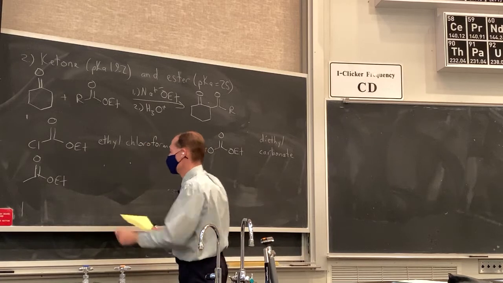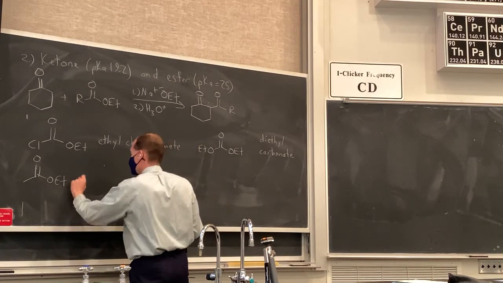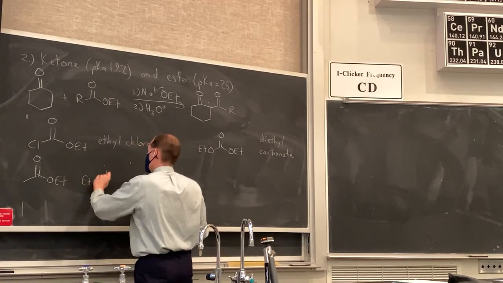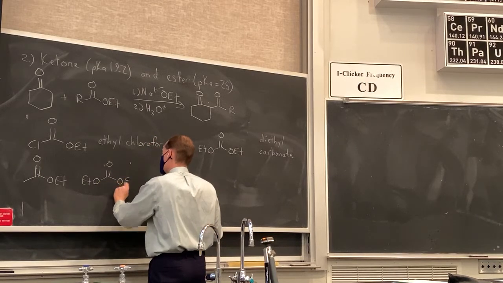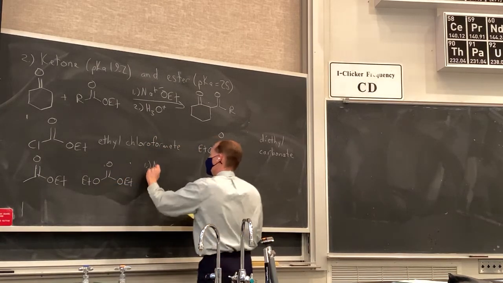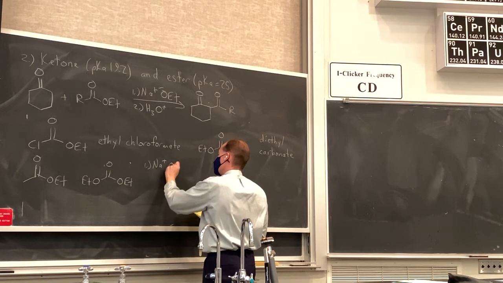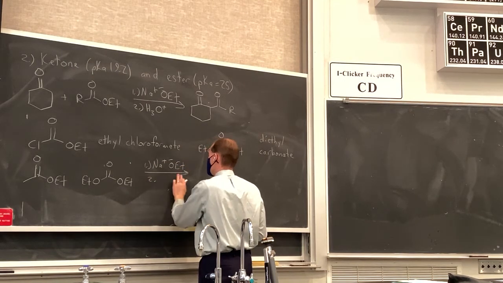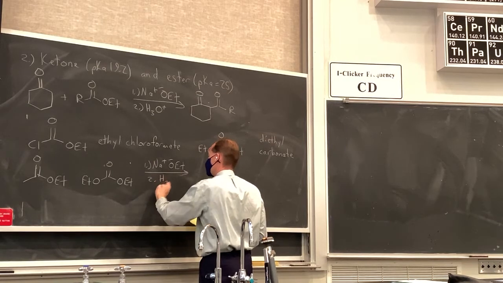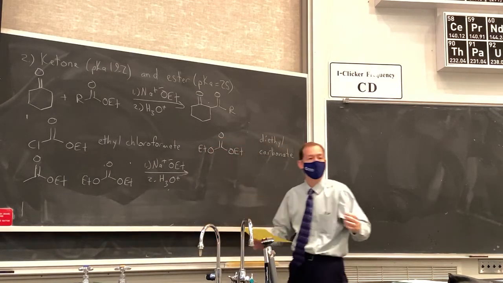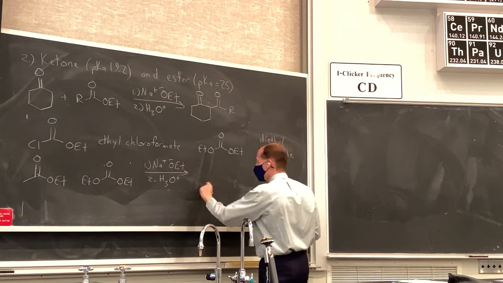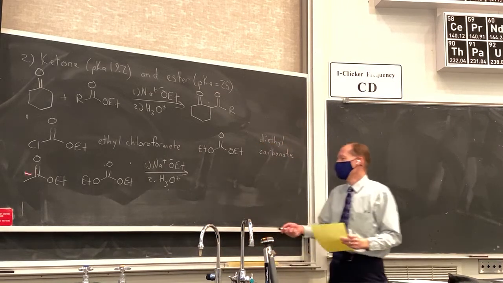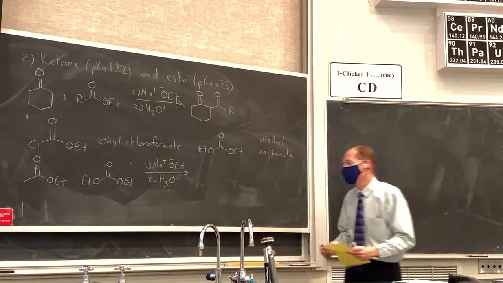Let's perform a crossed Claisen, and let's use ethyl acetate. We're going to react that with diethyl carbonate. We're going to use the same reaction conditions that we do in a typical Claisen reaction, sodium ethoxide, followed by the use of acid. So we only have one enolate that we can make.